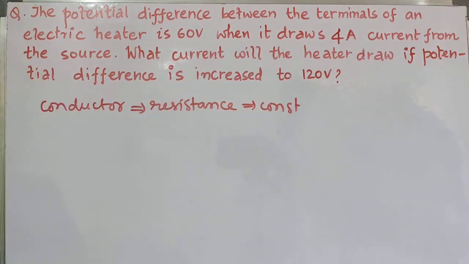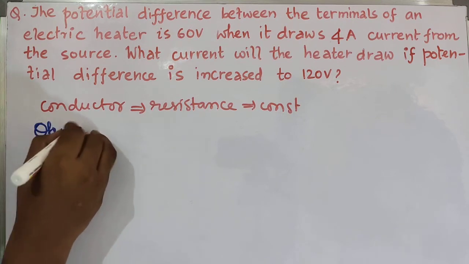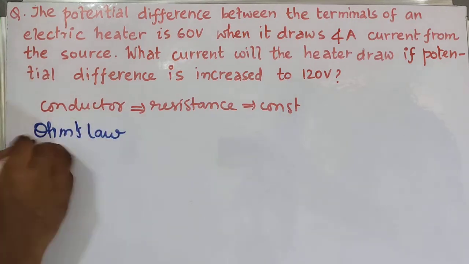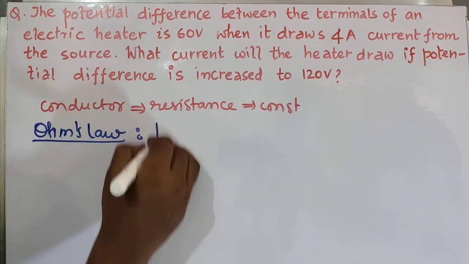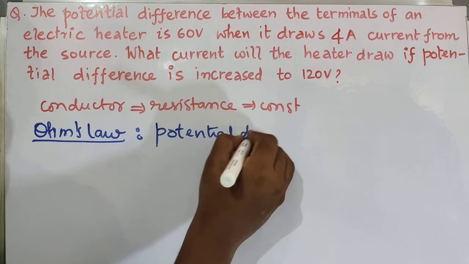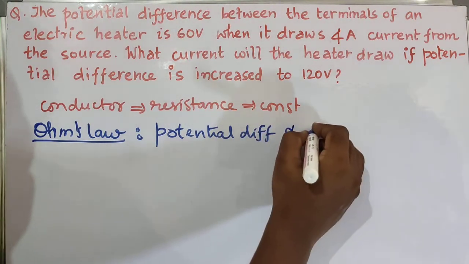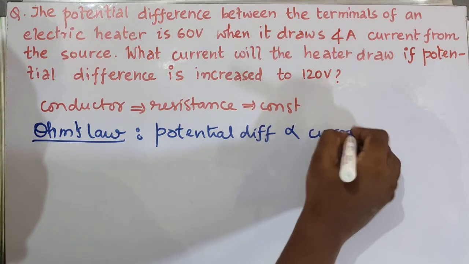So what is Ohm's law? Ohm's law states that the potential difference across the ends of the conductor is directly proportional to the current flowing through it.